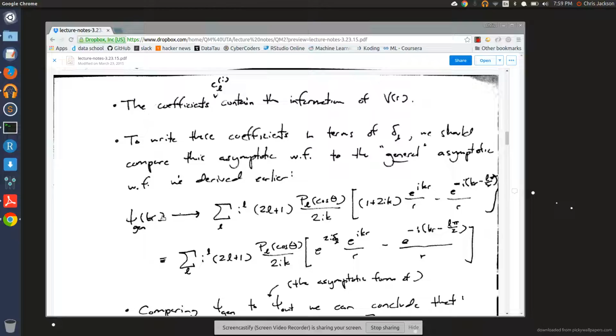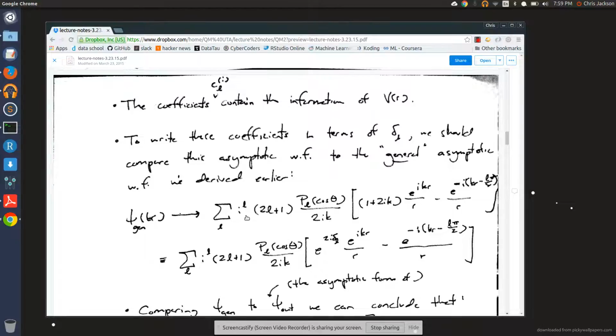It's a combination of the incoming wave and the scattered wave, and we combined the two and wrote it in terms of an outgoing wave and an incoming wave with coefficients. I'm just now noticing that this is missing the A_l, the partial amplitude, but this is the coefficient of the scattered wave. And remember, if you turn the potential off, this term goes to zero, and you end up back with the plane wave.